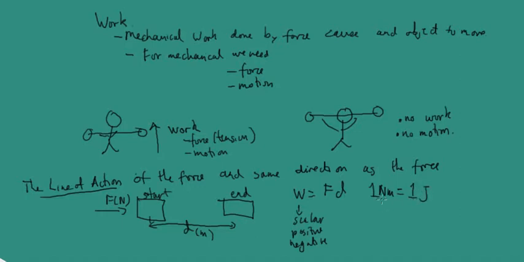So 1 joule is the same as 1 newton of force moving an object 1 meter. Joule is the SI unit that we use for work.